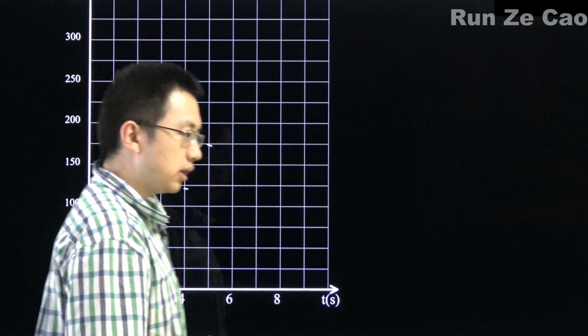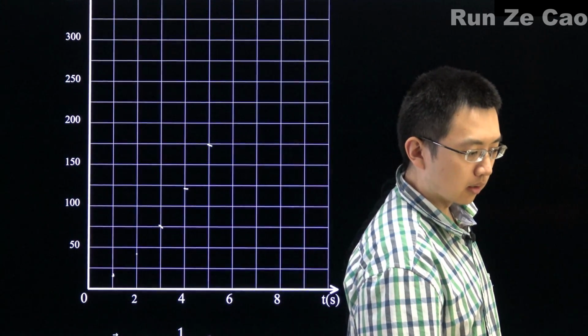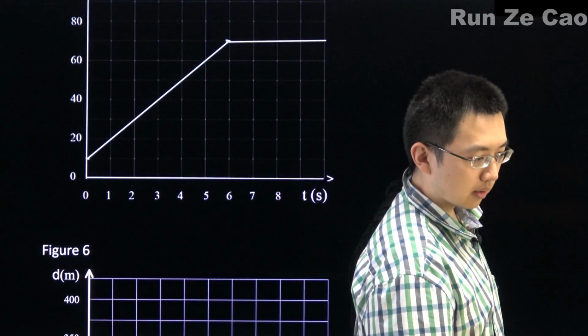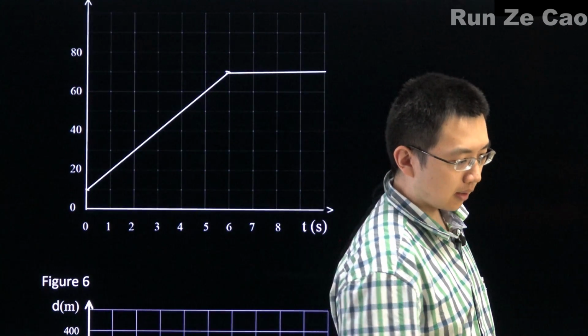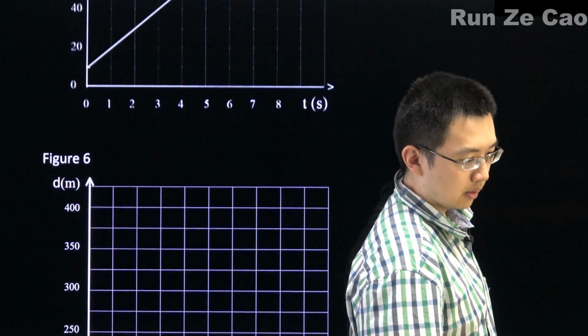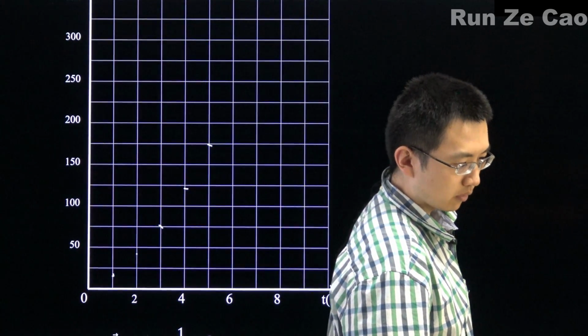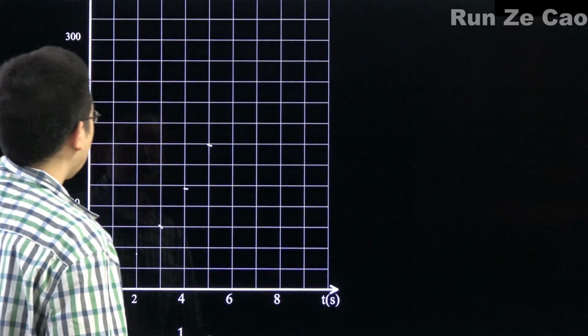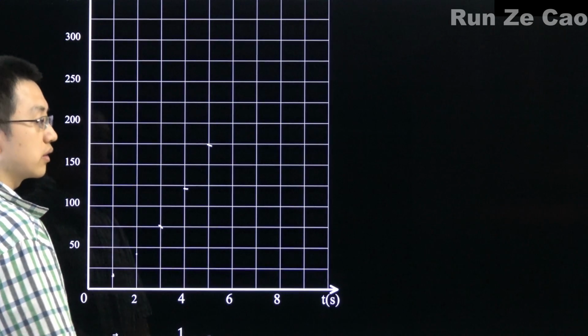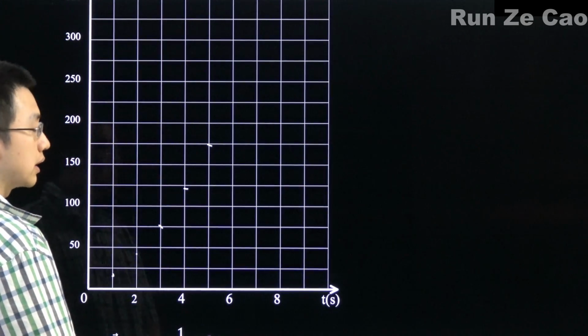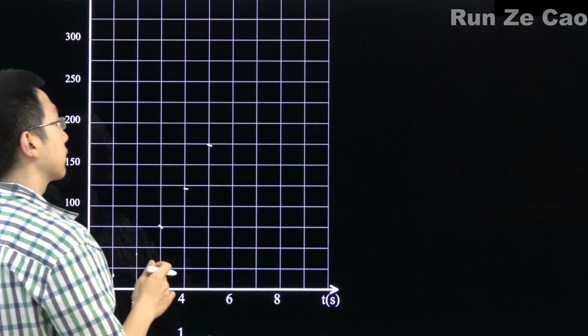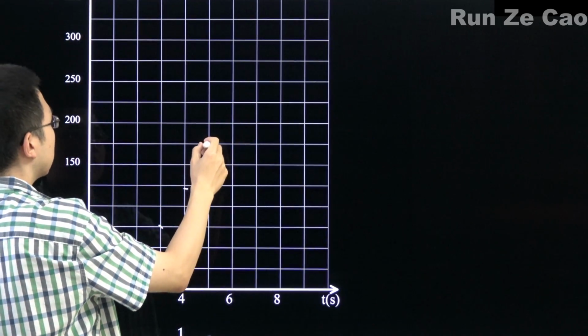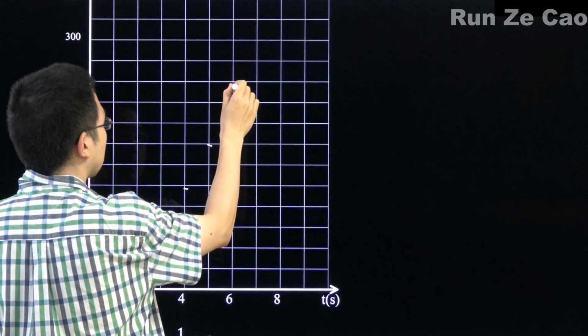Now, when did we stop accelerating? At 6 seconds, right? So from 5 to 6 seconds, average of 65, because it was 60 to 70 meters per second. So 65 here would be there.